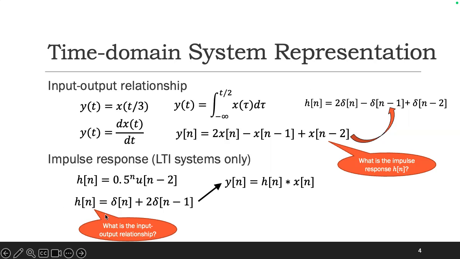Now you have hn, and using the shifting and distributive properties, you can easily get the output. I just want to tell you about the time domain system, because the system and the signals change based on the time. This is preparation for the next chapter.